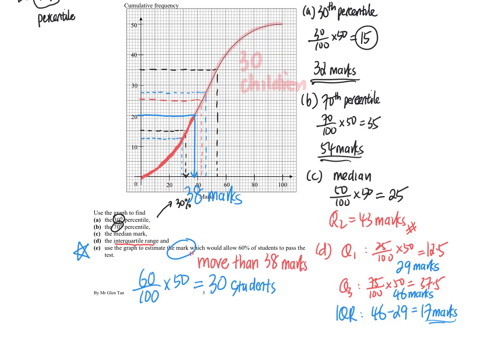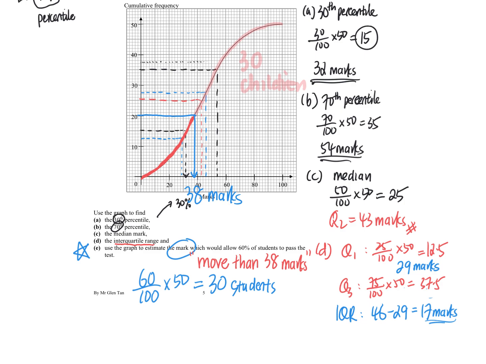So when you always say, I think O level, they always, yes. Y is 37.5, right? Wait, let me check. I read wrongly. I read 27.5. Okay, sorry. It's not 46, right? 37.5 is here.